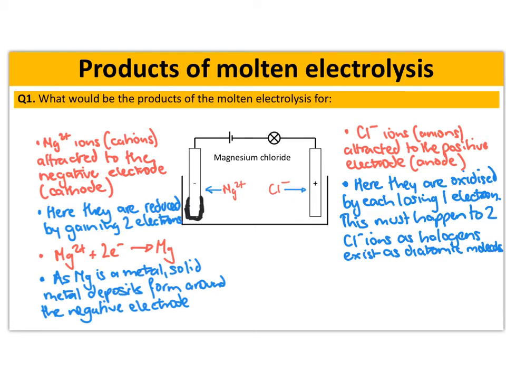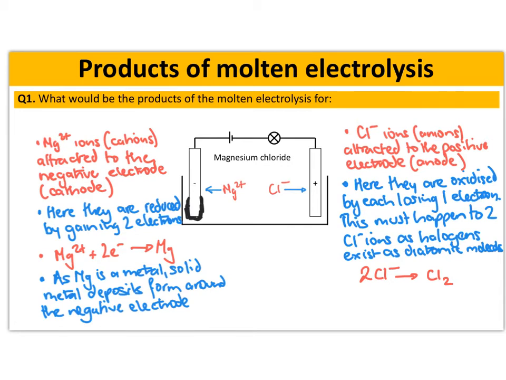So we know that we've got chloride ions, and we know that we're making chlorine, and we know that chlorine is Cl2. So the first thing that we need to do is make sure that we have the same number of chlorines on both sides. We currently have 1 on the left and 2 on the right, so I'm going to put a 2 there. And then the next thing that we need to balance is the charge.